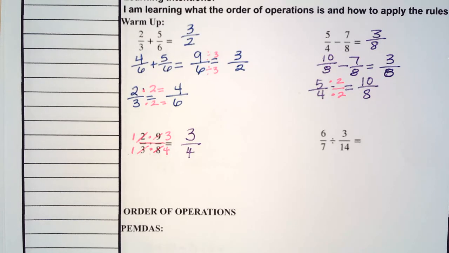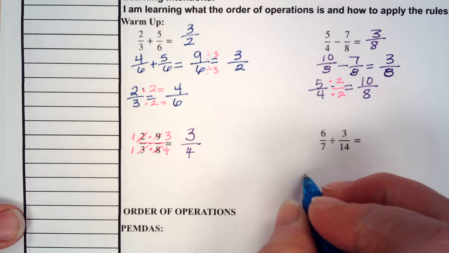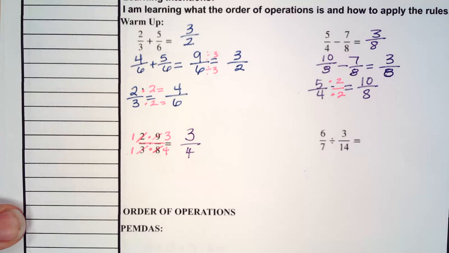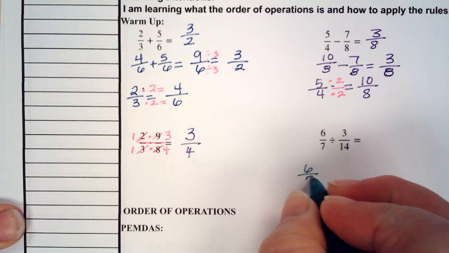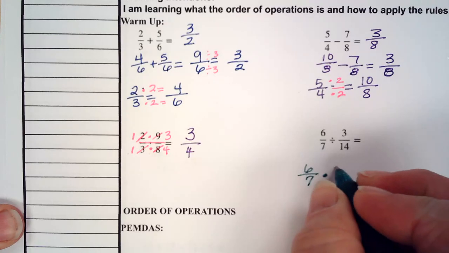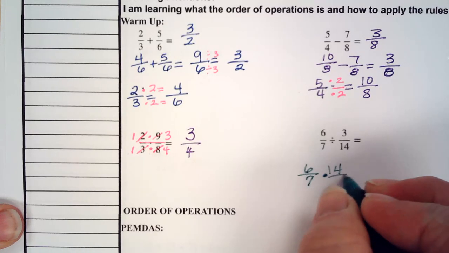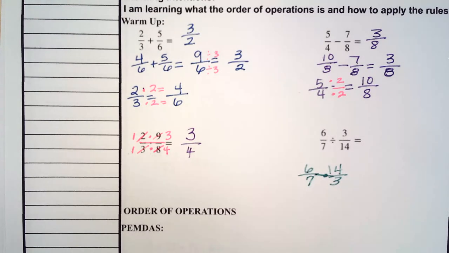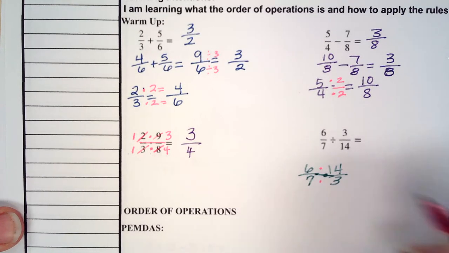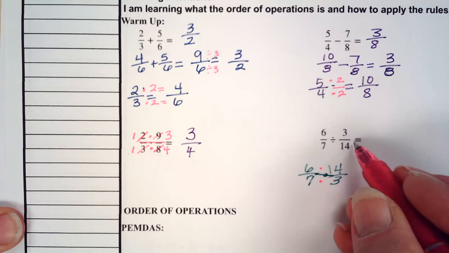You do not divide by a fraction. You multiply by the reciprocal. So instead of dividing by that fraction, I'm going to multiply. So 6 over 7 times 14 over 3. Once again, I'm multiplying by the reciprocal.